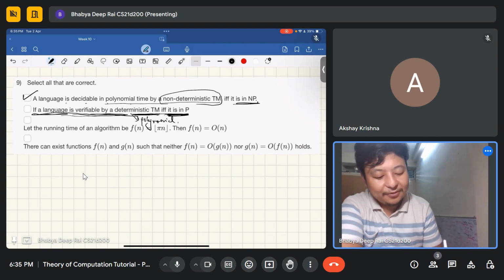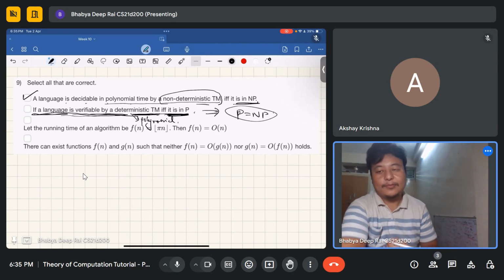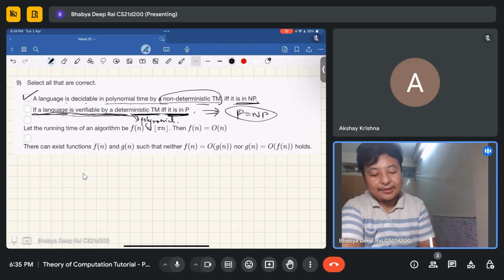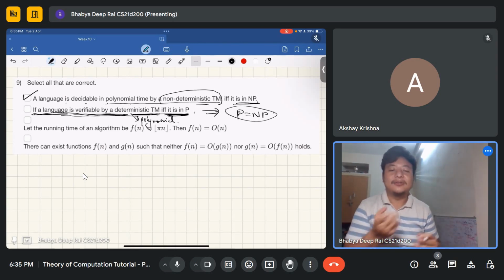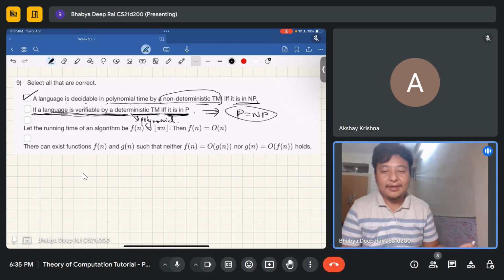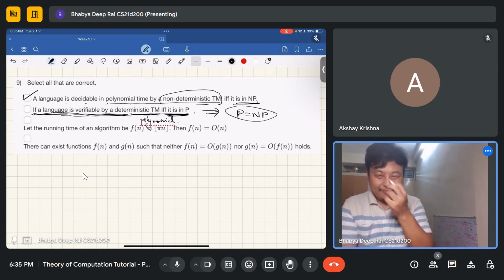If this were true, then this would mean P equals NP. This would resolve the P versus NP conjecture, because the left half is definitely the definition of NP. So we are saying a language is in NP if and only if it is in P. It would imply P equals NP, but that is not known.